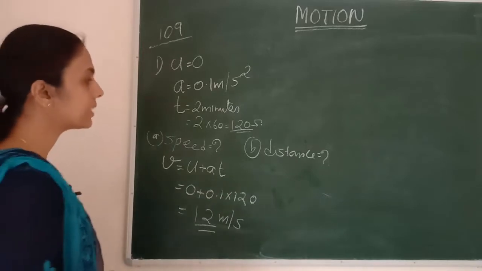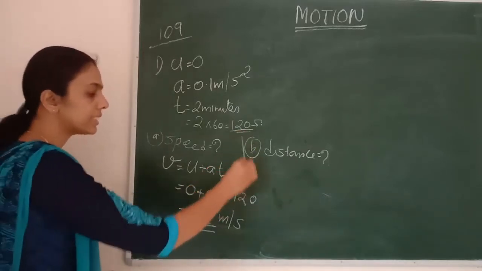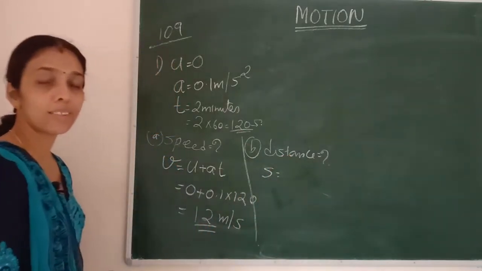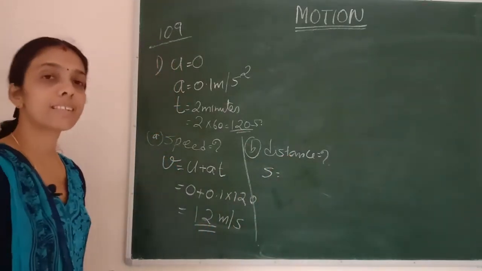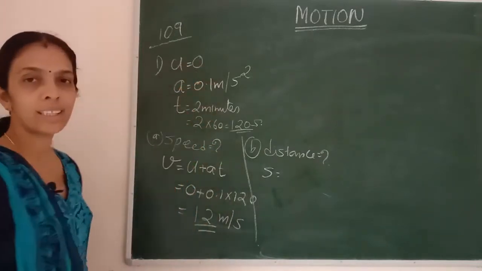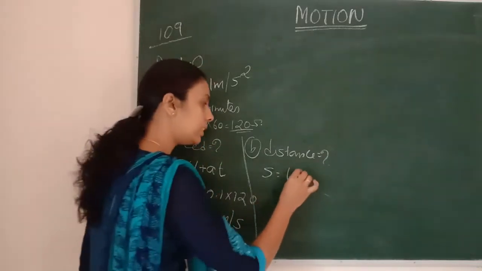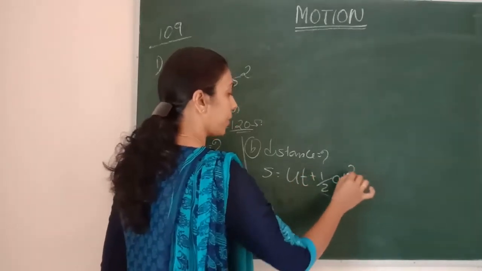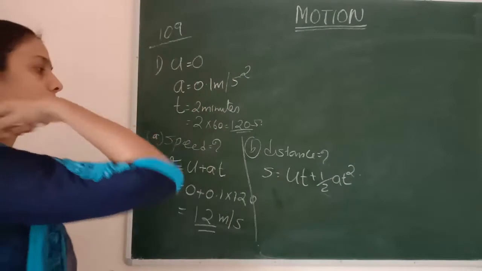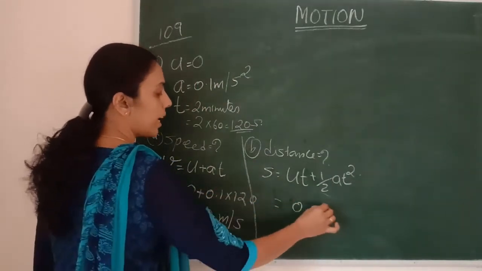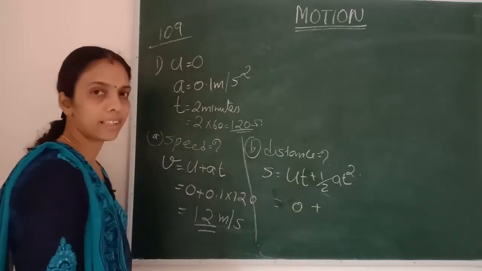Next is distance travelled. How can we find it out? What is the formula if you know U, A and T? S is equal to UT plus half AT square. This is the formula, isn't it? So S is equal to, what is U here? 0, so that term we can write as 0.